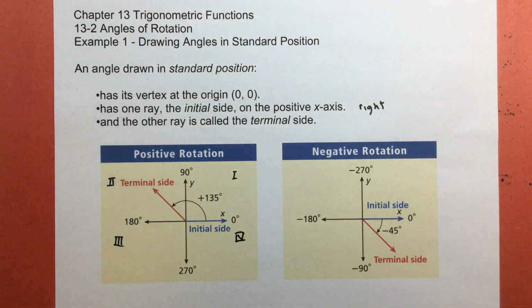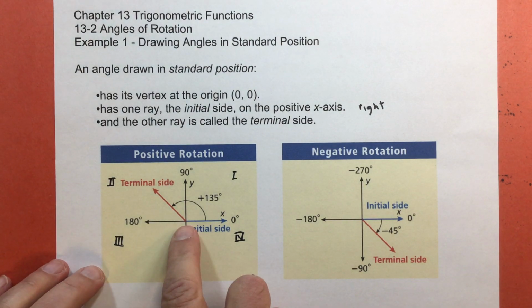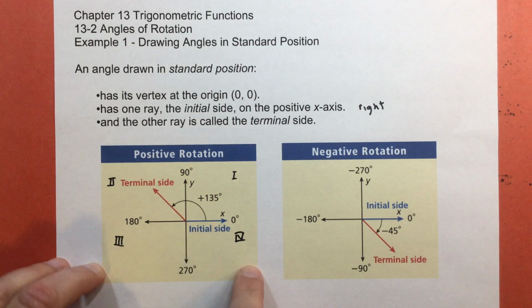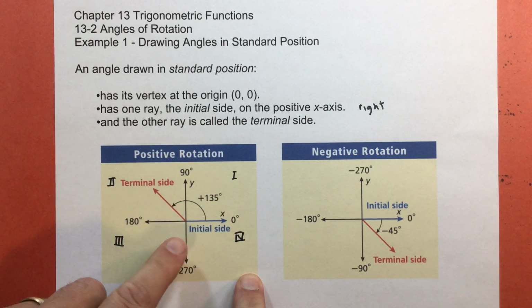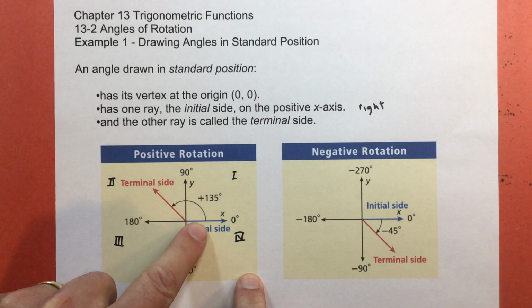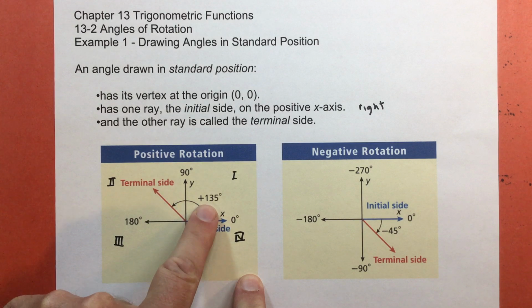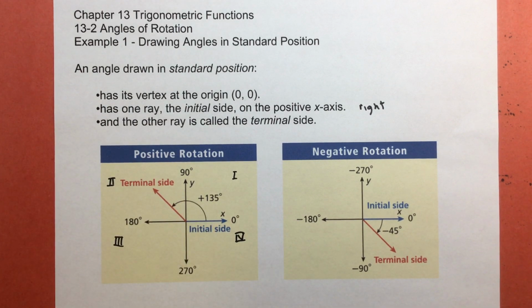Now, think of it this way. Think if I had a person standing here. They would first be looking that way, and then we would have them rotate and turn to their left. So now you're looking this way, and then you keep turning, and now you're looking this way. You would have turned 135 degrees. But the question comes in, what if you turn the other direction?